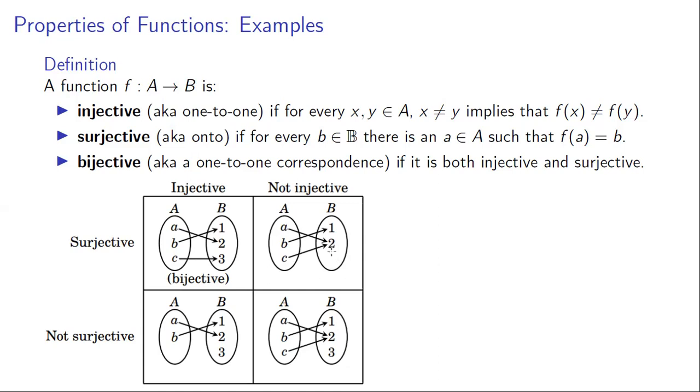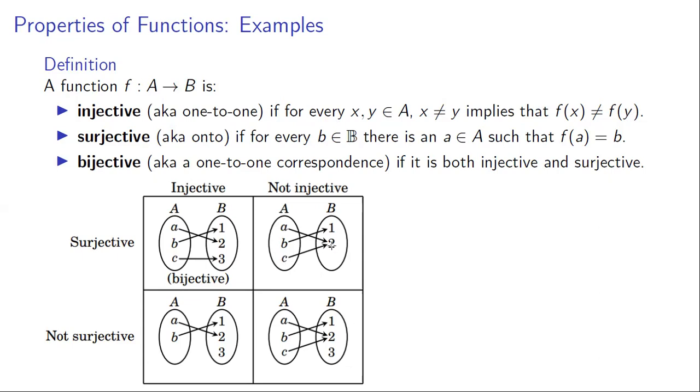So therefore, it fails the injective property, because the injective property says that for every x and y in A, if x is not equal to y, then f of x is not equal to f of y. And yet here we have 2 different elements of A, little a and little c, but f of a is equal to f of c because they both have an output of 2.